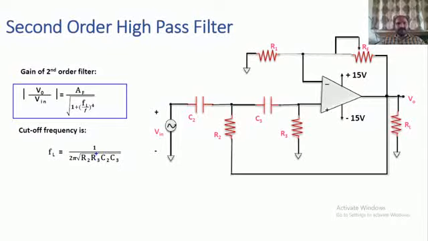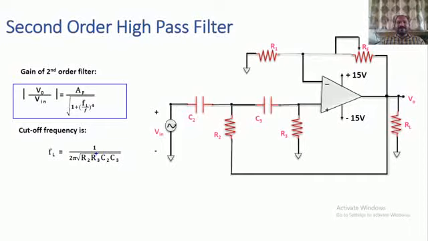So we have seen the first order filter as well as the second order filters: first order low pass filter, second order low pass filter, first order high pass filter, second order high pass filter. Now in the next slide, we will see the other types of filters, like the band pass filter, band stop filter, and all pass filter.